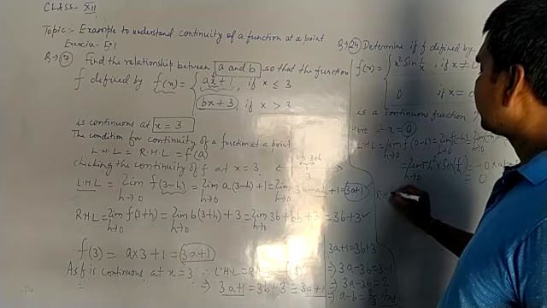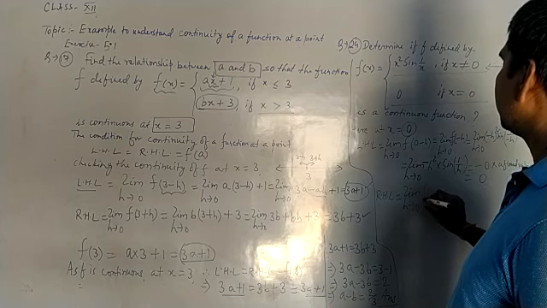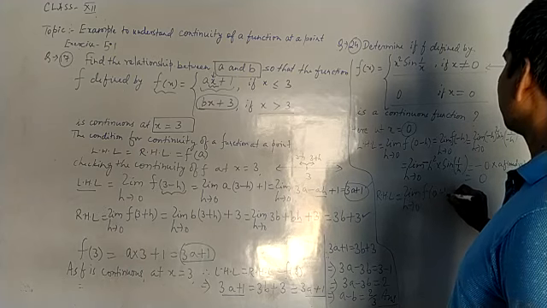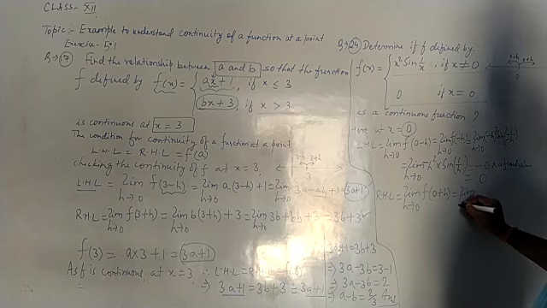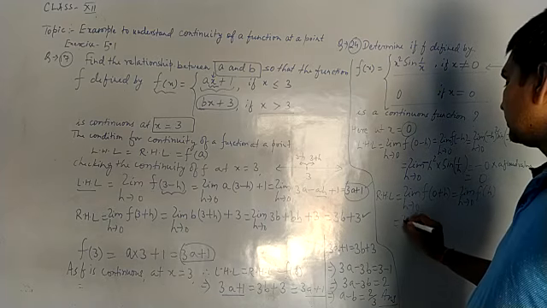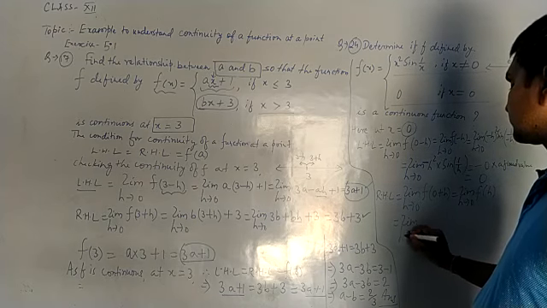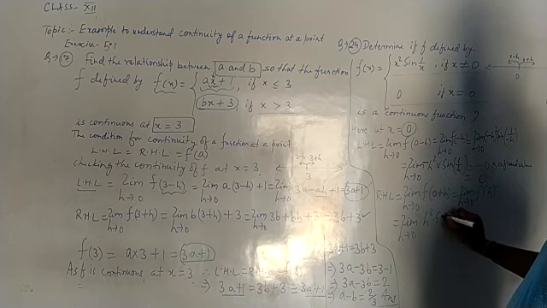Similarly, RHL we can find. Limit h tends to 0, f(0 plus h). So f(0 plus h) will give you limit h tends to 0, f(h). The same case is again valid for it, so limit h tends to 0, h square into sin 1 by h.